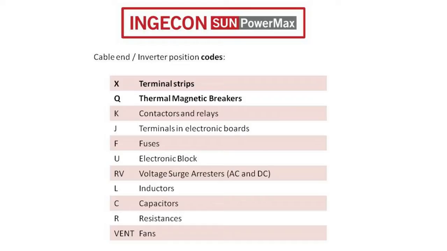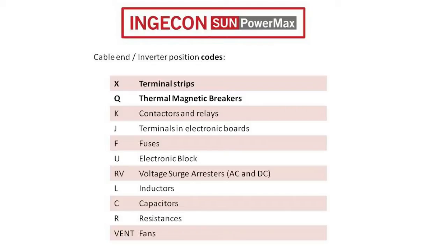If the code starts with a Q, we are talking about thermomagnetic breakers. K is for contactors and relays, J is for terminals that can be found in the electronic boards, F is for fuses, U for the electronic block, RV for voltage surge arresters, which can be either AC or DC surge arresters, L for inductors, C for capacitors, R for resistances, and vent for ventilation fans.